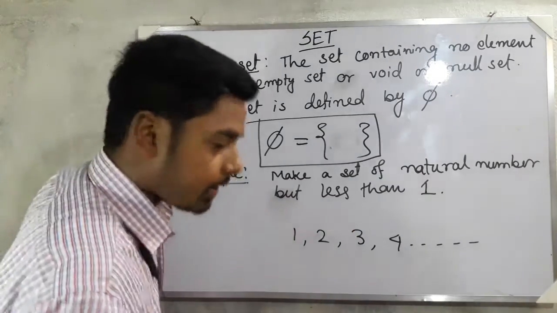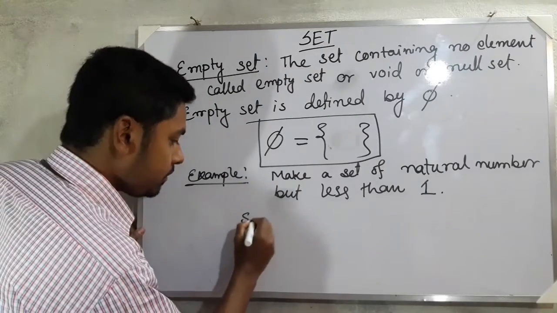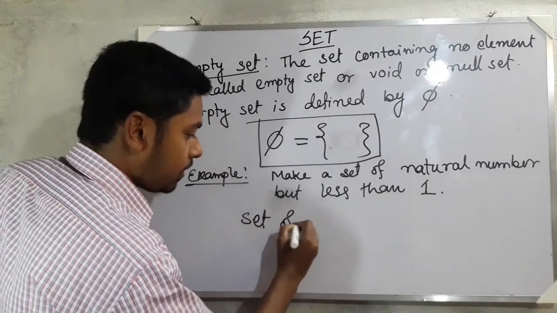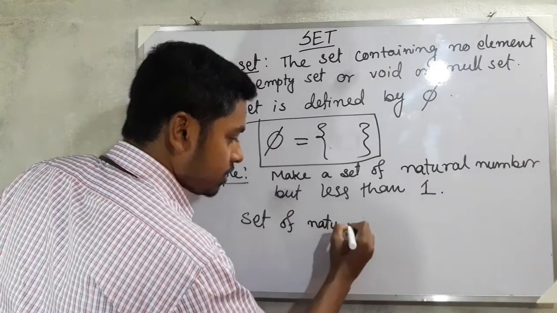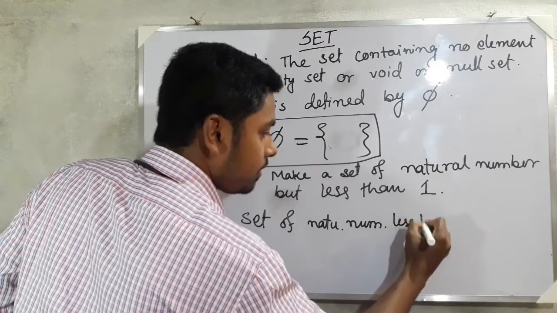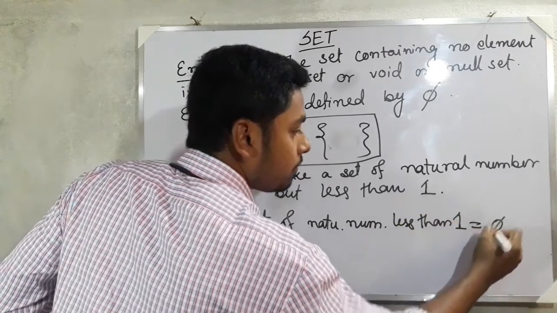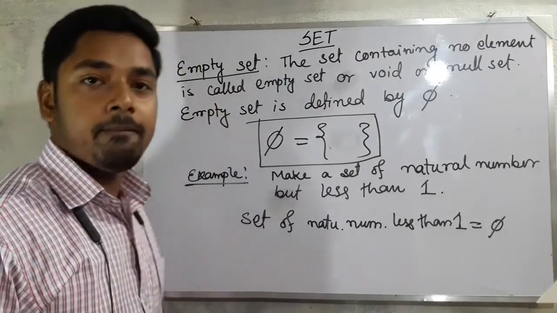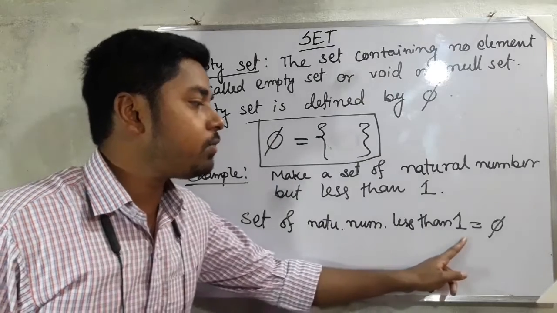So what will be the set? Therefore, the set of natural numbers less than 1 equals phi.